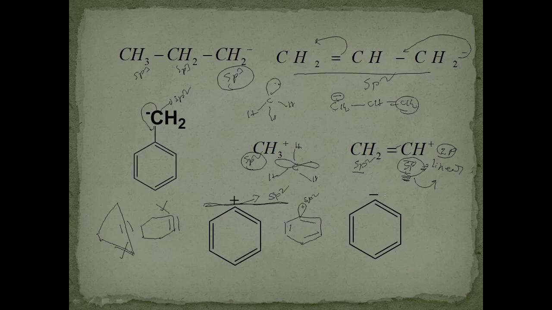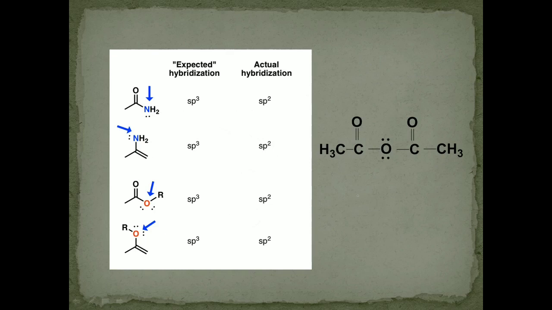Now coming to this one, also sp2. Here there is a sigma bond, and this is the orbital with electrons. That means it is also sp2. These 2 electrons are present in an sp2 hybrid orbital, phenyl carbanion. Now next, in this case again the same story.